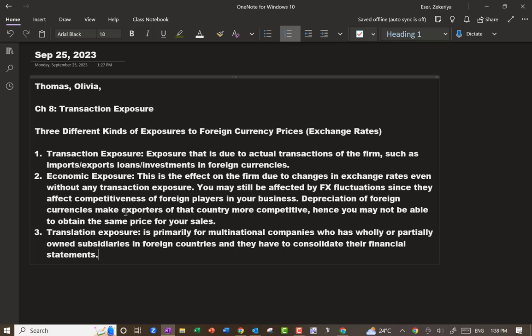But the financial statements in Japan are in Japanese yen. So what I have to do is translate them into US dollars. Sometimes those numbers are going to change, not because I lost money in Japan, but because the Japanese yen has depreciated.